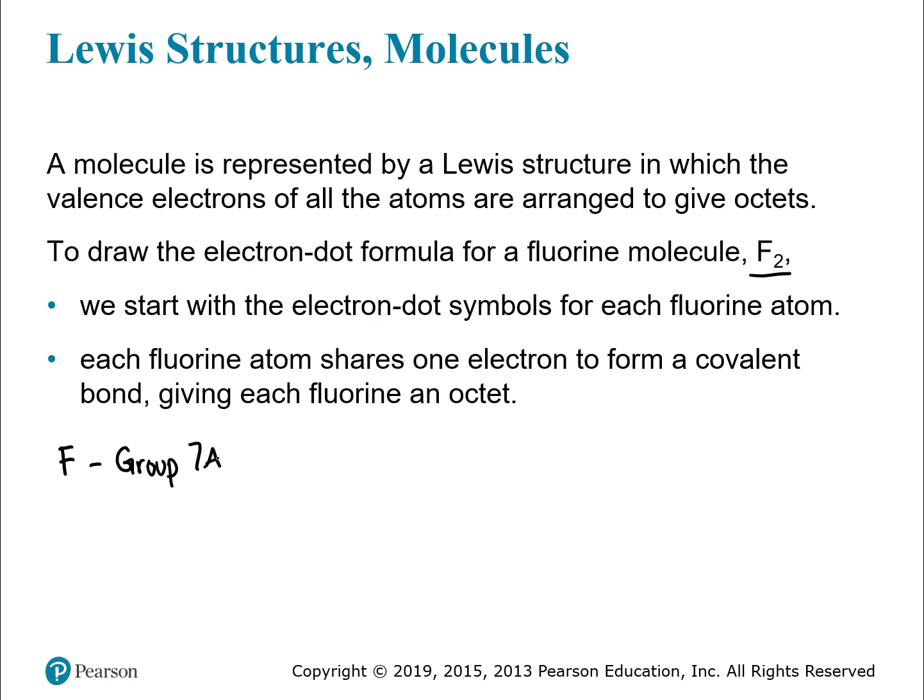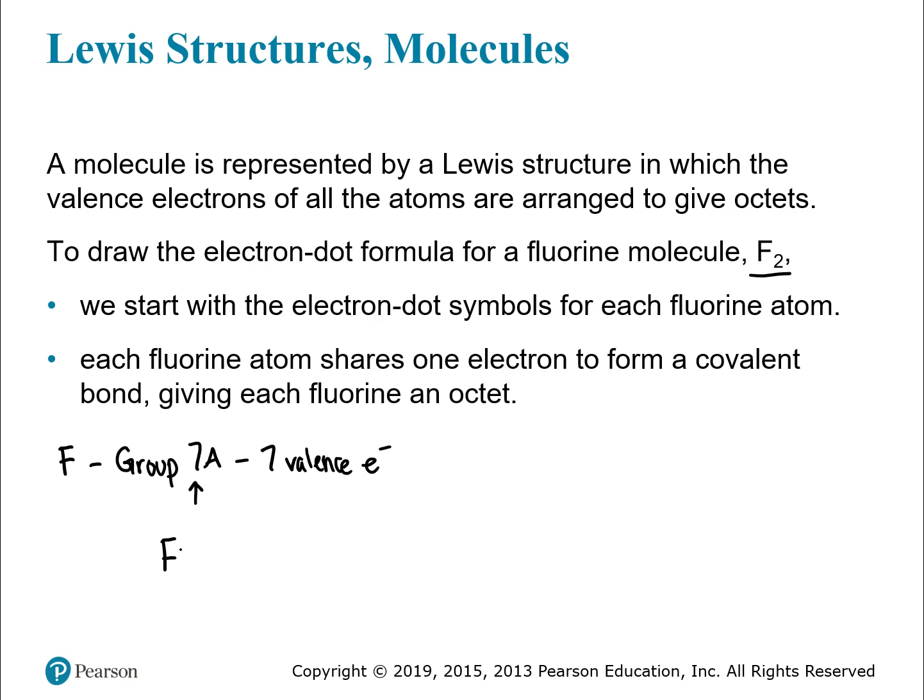And the trend for the representative elements is that you can look at the group number that has the A behind it, and that tells you how many valence electrons you have. Fluorine is in group 7A, so it has 7 valence electrons.